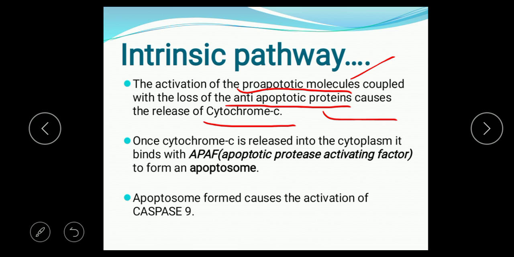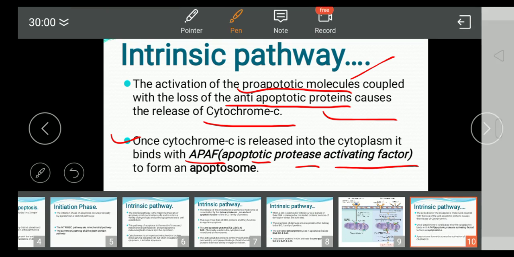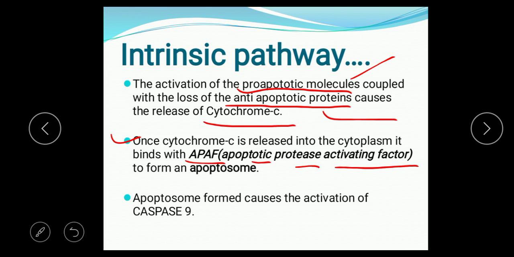Now once cytochrome C is released into the cytoplasm, it binds with APAF-1, another important protein factor, that is apoptotic protease activating factor, and that will further form the apoptosome.